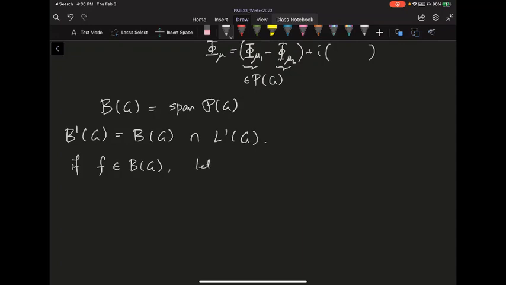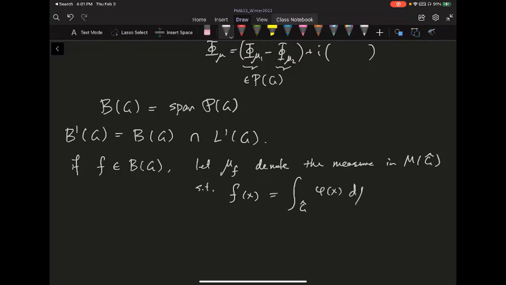So we let this measure be mu_f. Let mu_f denote the measure in M of G hat, so that your f of x is equal to this integral. Let me just write the integral out because we're going to use that a lot. So you're integrating this phi of x d mu_f of phi. Okay, so that's our notation.